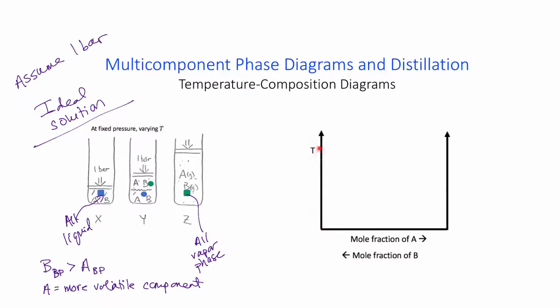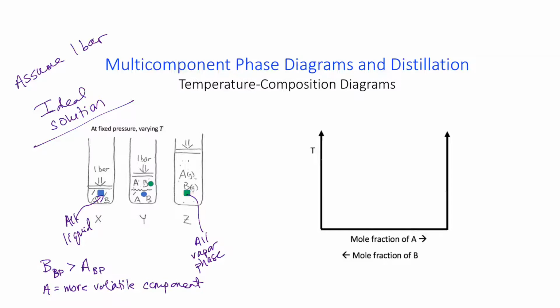So we have temperature on our y-axis. Again, assuming that we're at 1 bar, this is going to essentially represent our normal boiling points. And then our x-axis is going to be as a function of our more volatile component, our lower boiling point component.